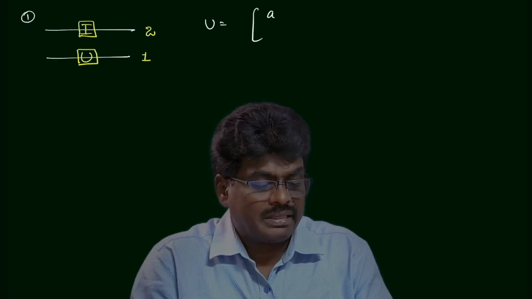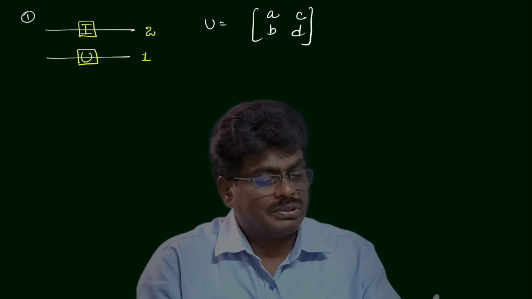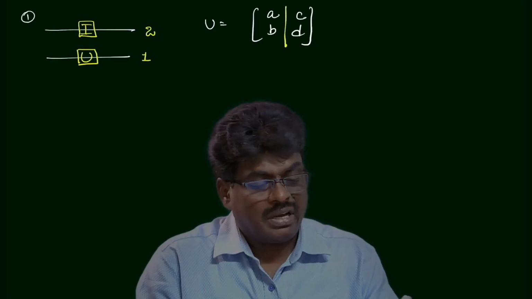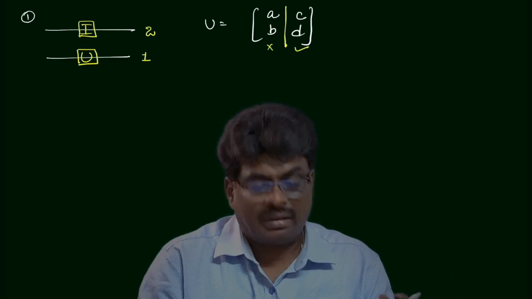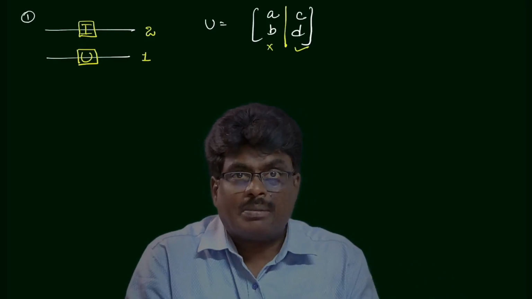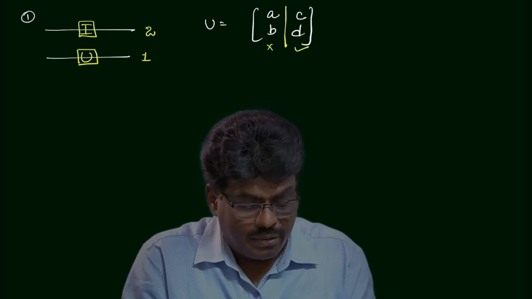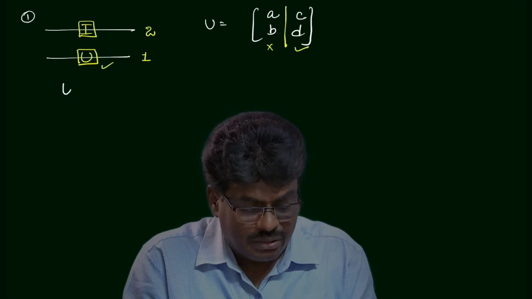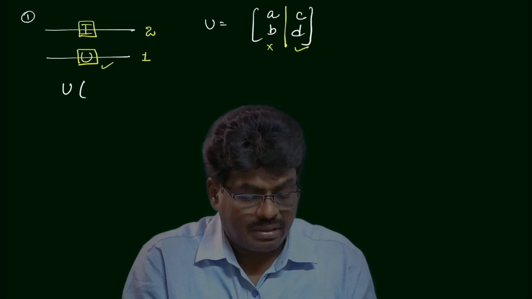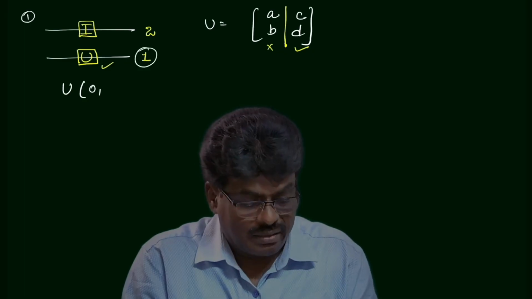I'm representing this as A, B, C, D. So this creates linear superposition. The first column and second column I divided. This is off and this is on. Okay, right. Now see how I'm writing the operations. This is very crucial. Please listen. Now the operation, here it is the U gate. That means U operator, U of 0 comma 1, here what is the target, 0 comma 1.